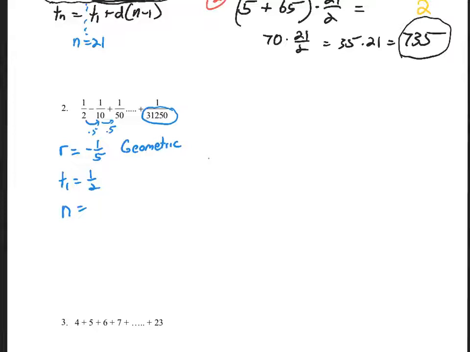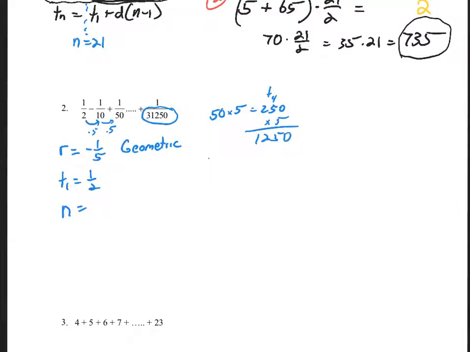Like 50 times 5 is 250. That would be the fourth term. The fourth term would be negative 1 over 250. The fifth term is 250 times 5, which gives you 1,250. So we're already into the thousands.